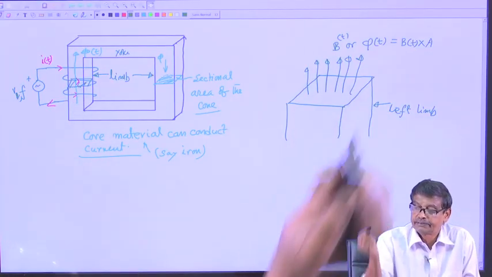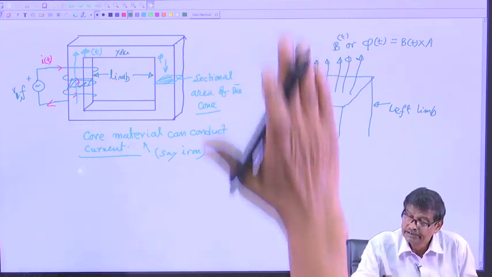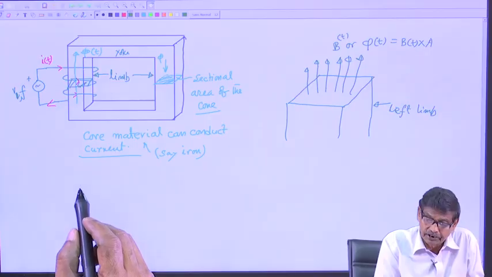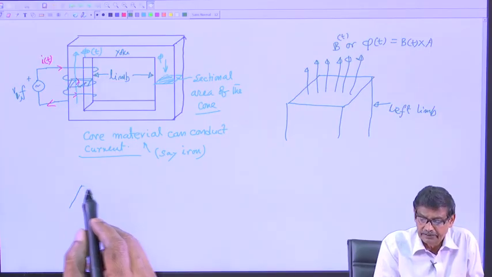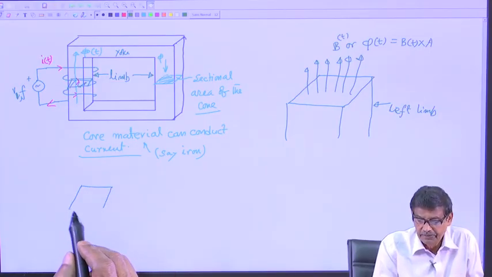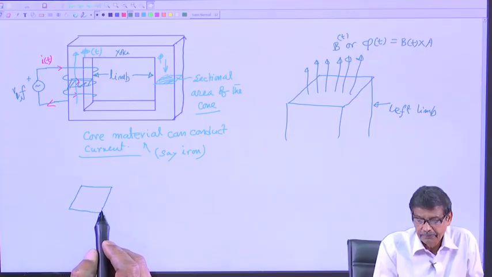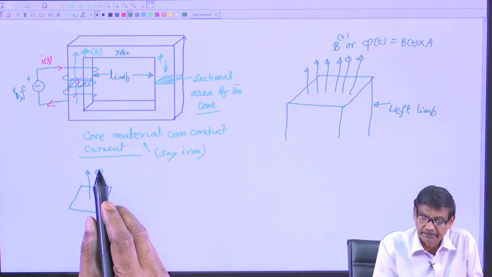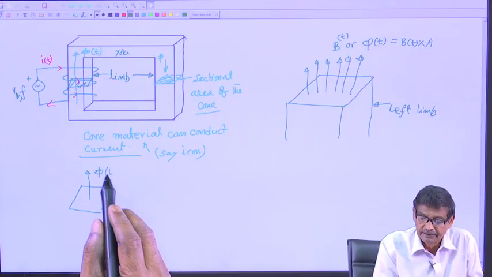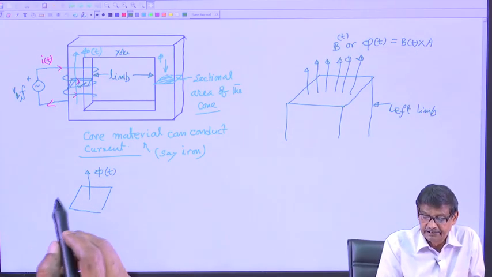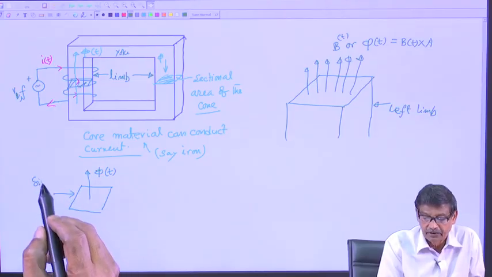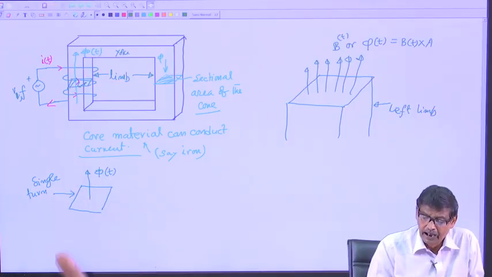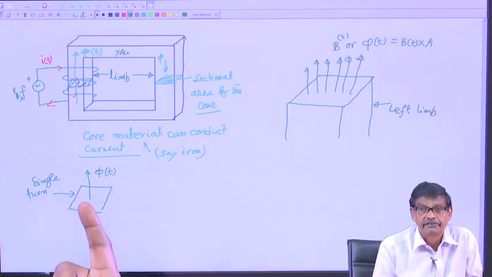Now, the moment there is a time varying flux, we know that if you have a closed turn, suppose a rectangular turn, and there is a time varying flux phi t perpendicular to it. Suppose you consider a single turn of conducting material, with a time varying flux perpendicular to its area.